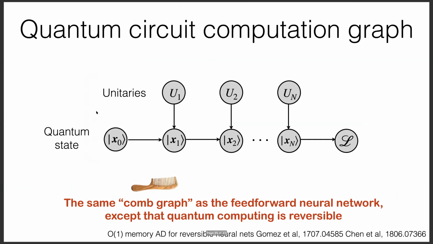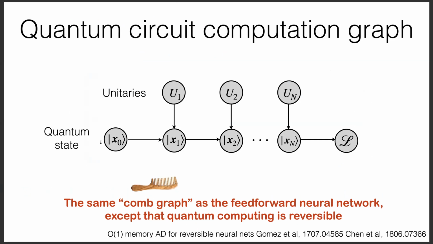But actually, there's a way out. This is actually quite neat. Again, let's look at the computation graph behind this kind of quantum circuit. This is actually the same so-called comb graph as the feed-forward neural network.